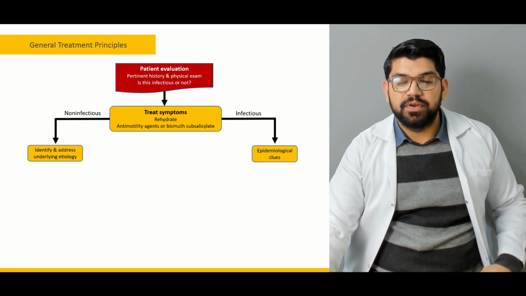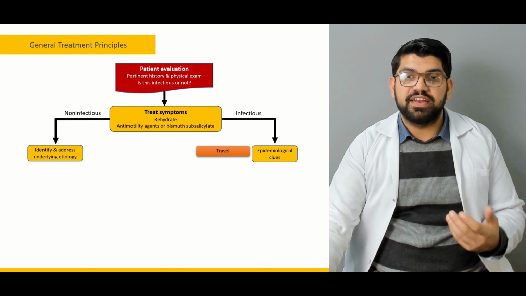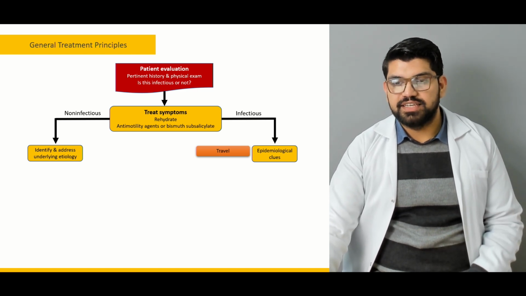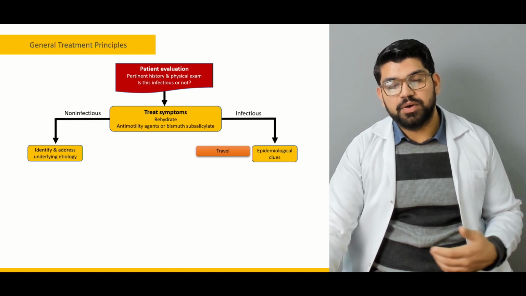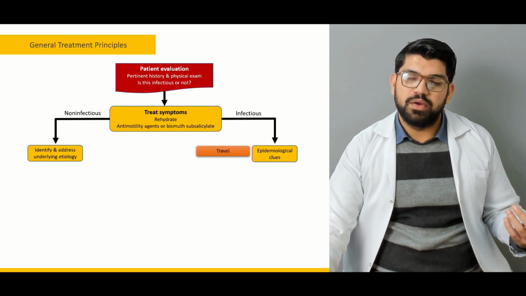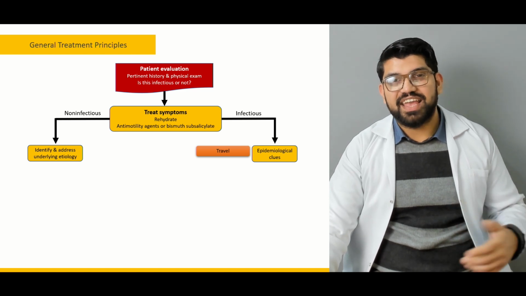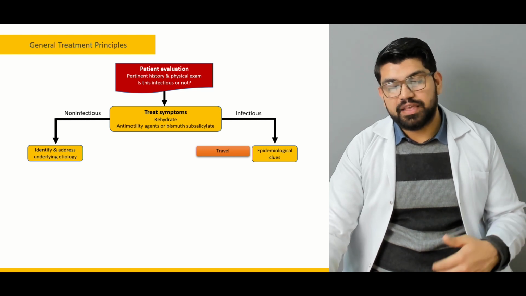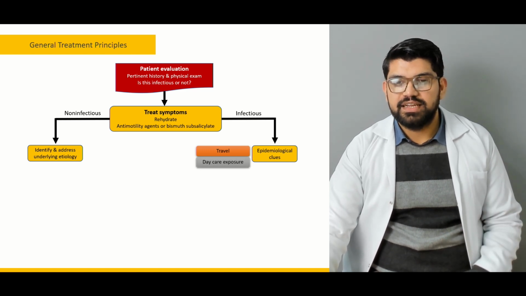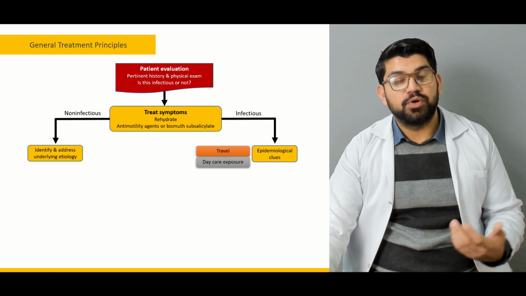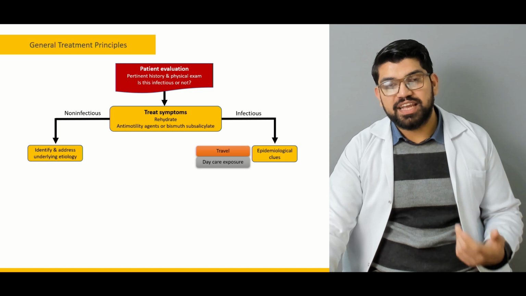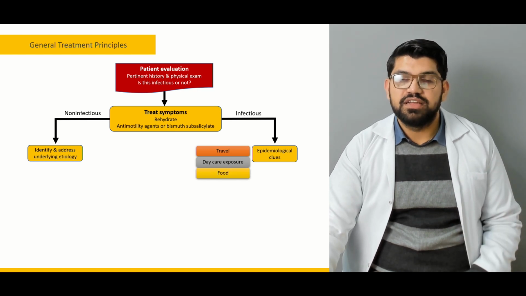Infectious: epidemiological clues. What are the prevalent diseases in your country, in your area these days? Any history of travel? If the patient went to any other country which is having any epidemic or outbreaks, this patient can be infected with that. Daycare exposure: more prone to get diarrhea, viral infections, gastroenteritis.